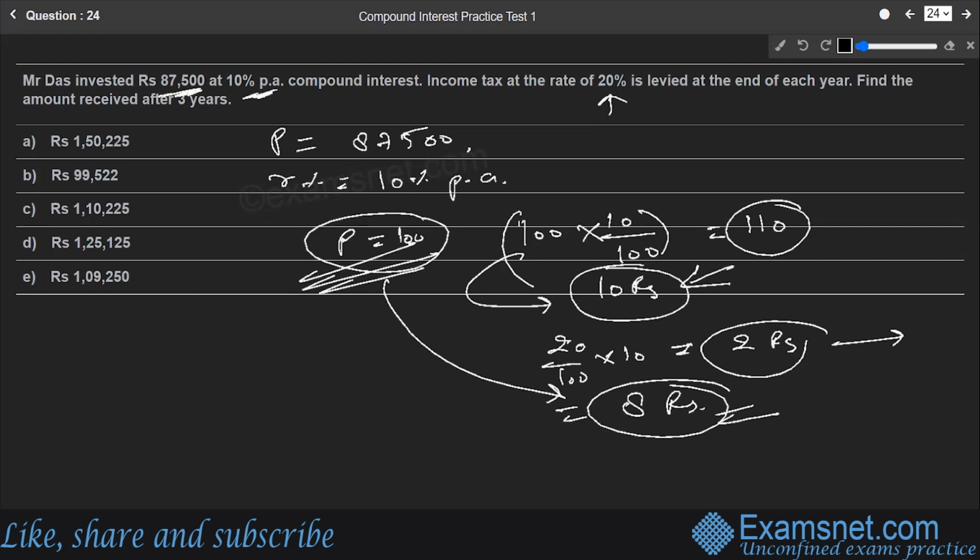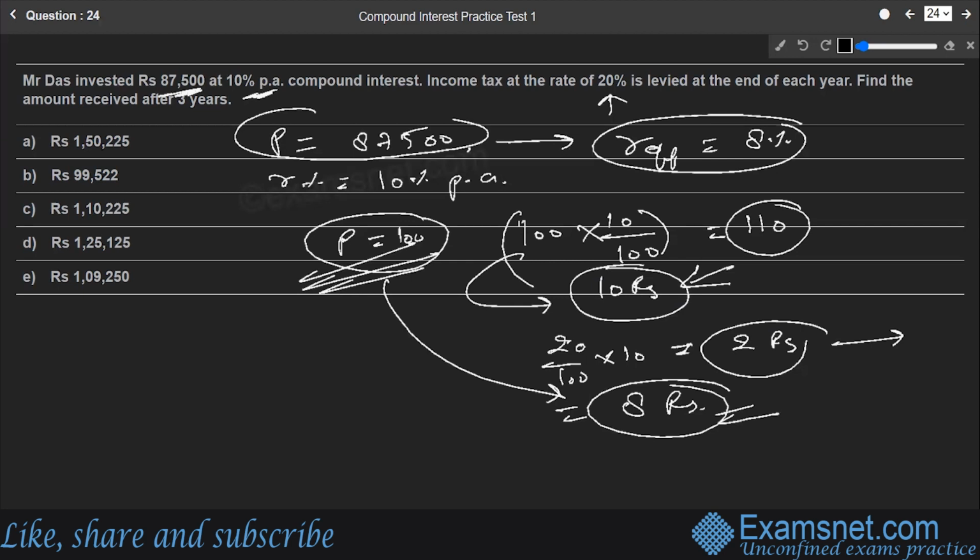The effective annual growth is 8% because you are gaining 10 rupees and giving 2 rupees to the income tax department. So the actual effective growth is 8 rupees out of 100, equivalent to 8%. So we can conclude that every time the actual effective rate is 8%, not 10%, because after the 10% growth, you have to return 20% of it. So the actual effective rate of interest that will be used is 8%.